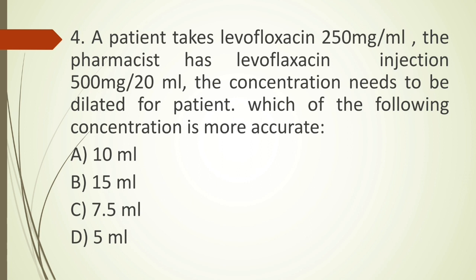So the patient has to take levofloxacin 250 mg per ml, and the pharmacist has the injection of levofloxacin which contains 500 mg per 20 ml injection. So we have to find out the concentration which is more accurate for dilution.